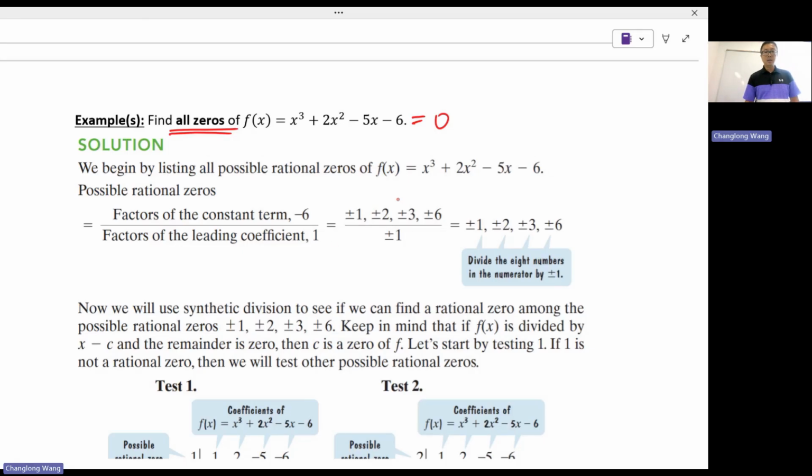So you're going to divide all possible factors of the constant term in a polynomial by all possible factors of the leading coefficient. In this case, you see that the leading coefficient is 1, therefore there are only 2 possible factors, either 1 or negative 1. But how many possible results are you going to get by dividing that many factors by either 1 or negative 1?